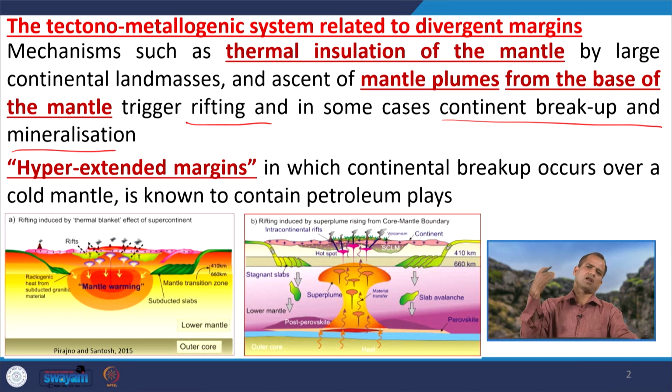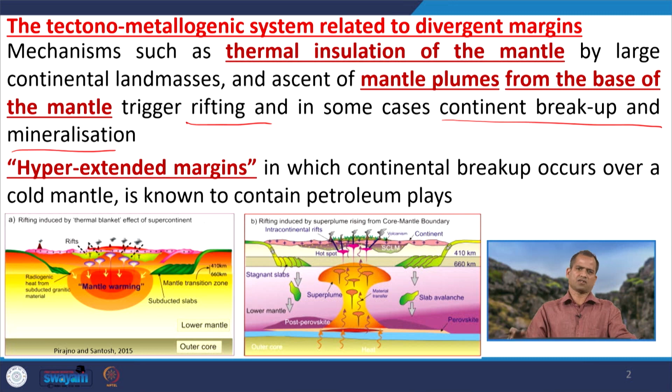If you remember our earlier class on the supercontinent cycle, there will be a continental landmass which acts as an insulator. It will not allow the heat to radiate because it is composed mostly of quartzo-feldspathic rocks, of granitic to granodioritic composition, so it will not allow the heat to release.